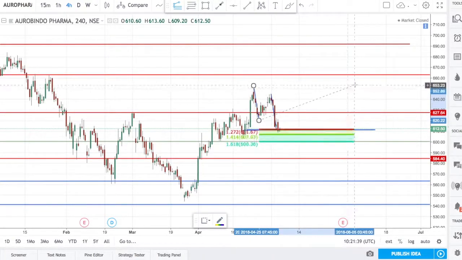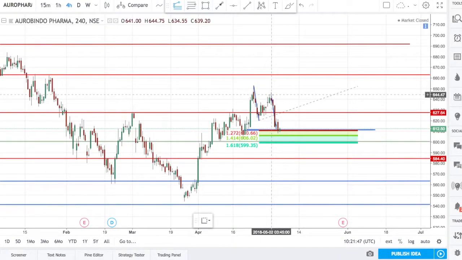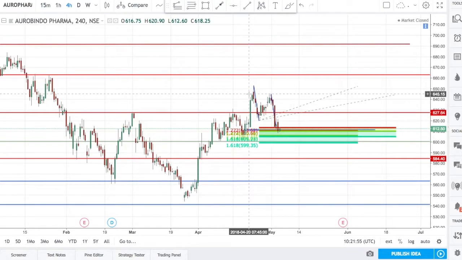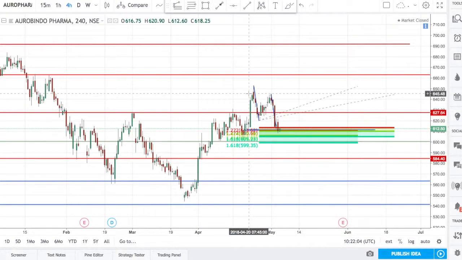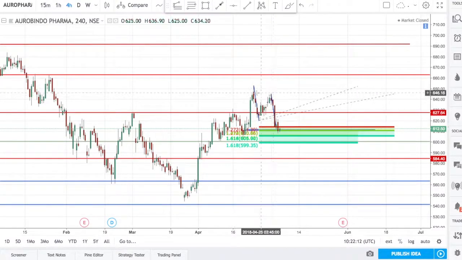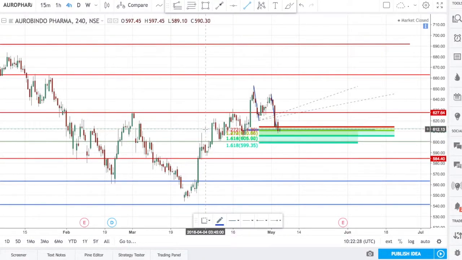From A to B, back to A. From C to B, back to C. As you can see here, there is once again a confluence right at this point, at the 1.272 and 1.414.